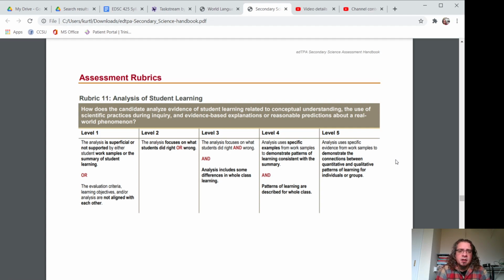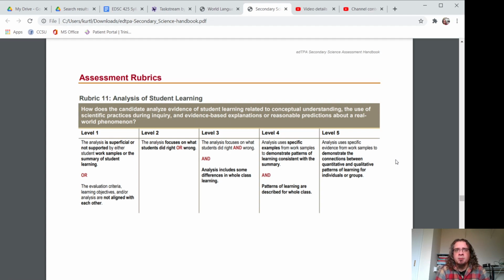That becomes level 4, using specific examples to demonstrate the patterns, and then level 5, the patterns are looked at in much more detail between individuals and learning groups.